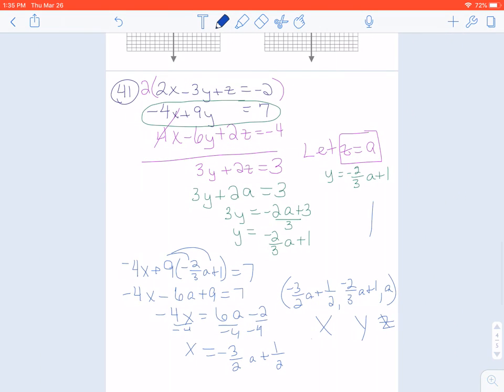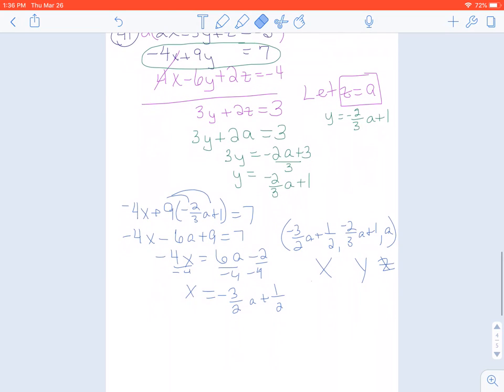Again, using Gaussian elimination, only one time eliminating the x variable. After you get that statement, which is this statement right here, then we say let's let z equal a so that we can get an expression for y. We take that expression for y so that we can find an expression for x.